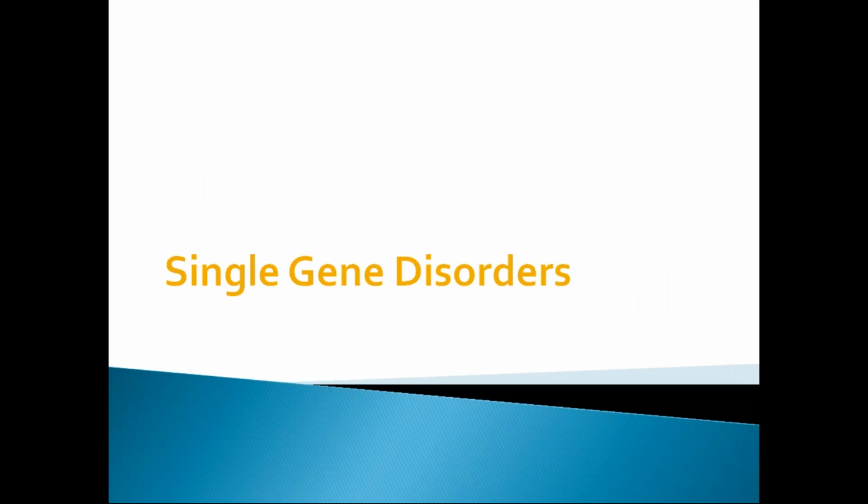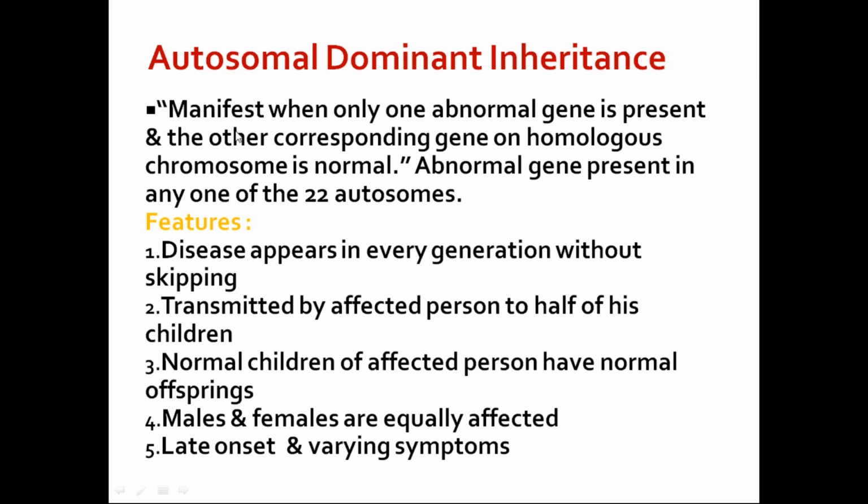Now we discuss single gene disorders. Mainly autosomal dominant inheritance. They manifest when only one abnormal gene is present. The other corresponding gene on the homologous chromosome is normal. The abnormal gene is present in any one of the 22 autosomes.